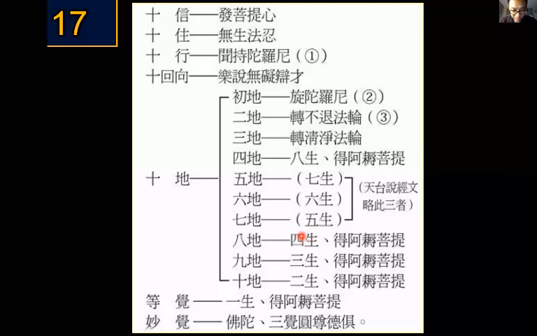And why is this 4 lifetimes or 4 stages to go? Because from the 8th ground you go 1, 2, 3, 4 to gain enlightenment, from the 9th ground it's 3 lifetimes, and the 10th ground will be 2 lifetimes. When we reach equivalent enlightenment, there will be 1 more lifetime to reach actual wondrous enlightenment, the Buddha. In total, 10 plus 10 plus 10 plus 10, and then 10 grounds plus 2, you get 52. So this is the 52 stages of the Bodhisattva path.